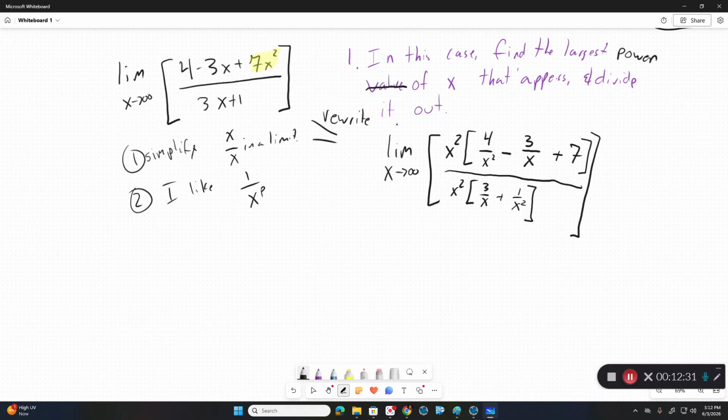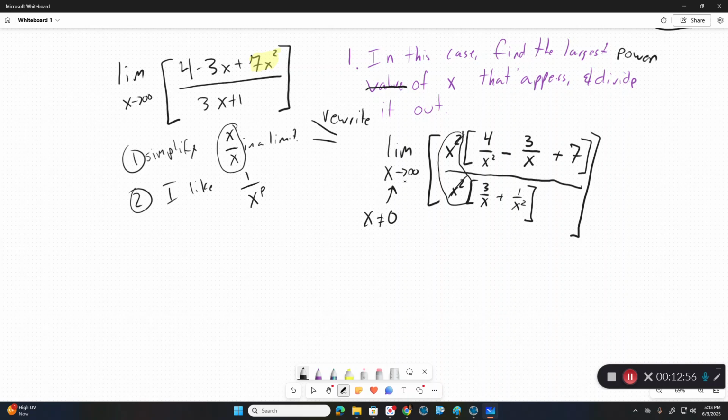Now, reminder, we can always simplify x divided by x in a limit, and so we're just going to do that twice. How do I know that x is not 0? Because I'm in a limit. And not only am I in a limit, I'm in a limit as x approaches infinity. So I have some assurance that x is quite large.